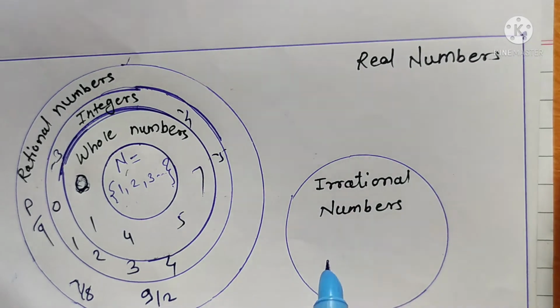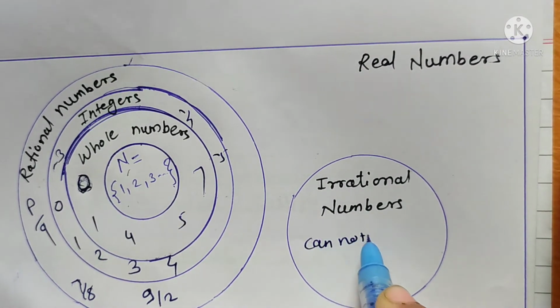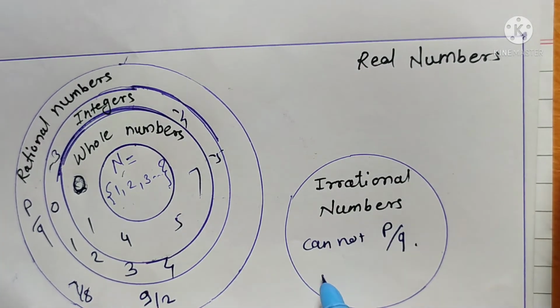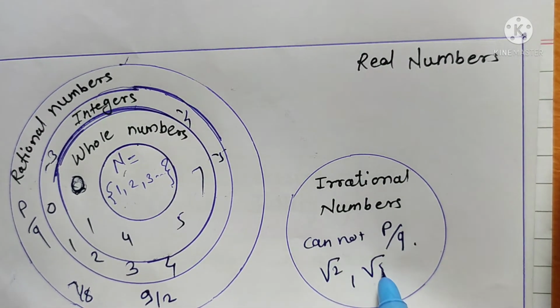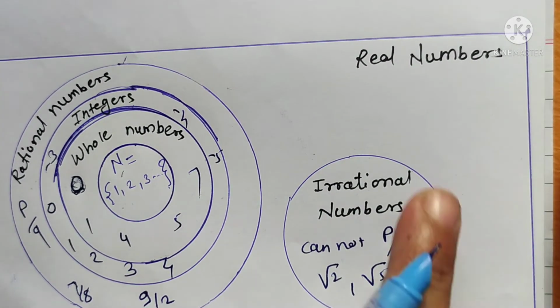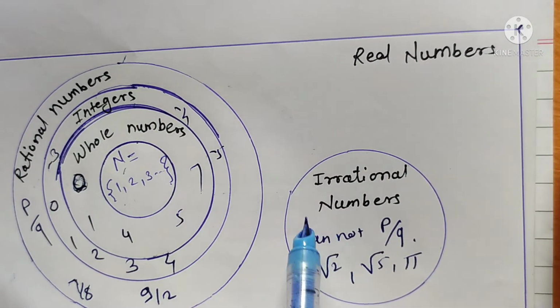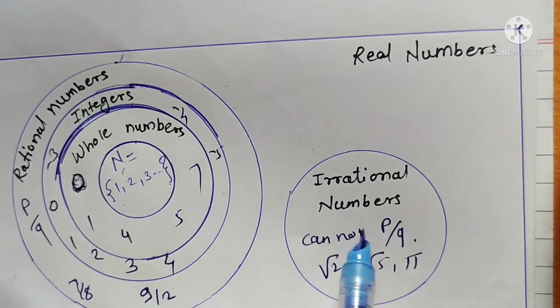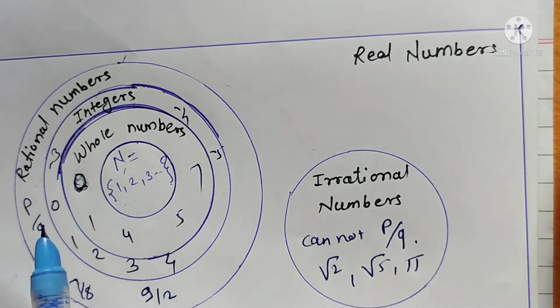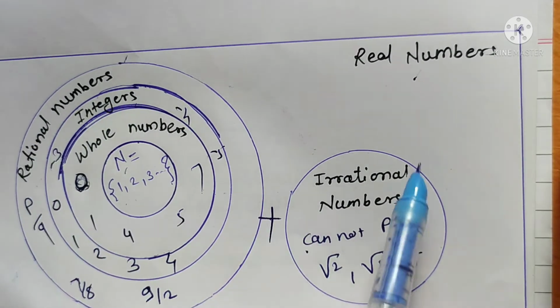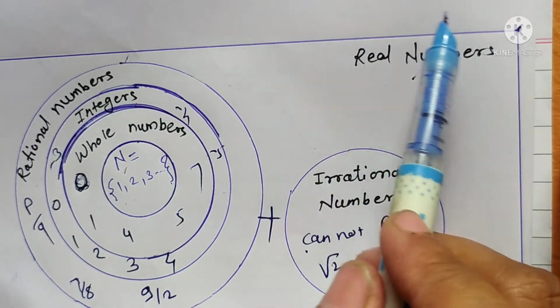Irrational numbers are the numbers which we cannot write in the form p by q. For example, root 2, root 5 and pi are all irrational numbers. All rational numbers and all irrational numbers together are called real numbers; that means rational numbers and irrational numbers combined are called real numbers.